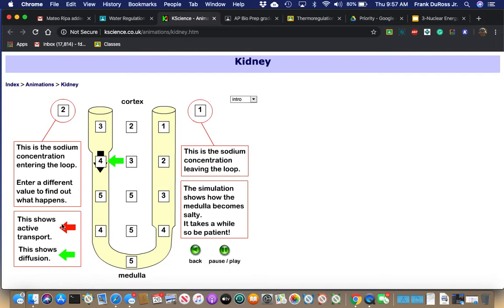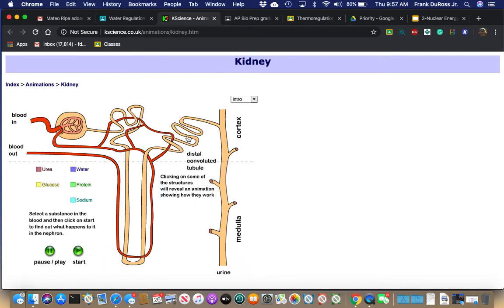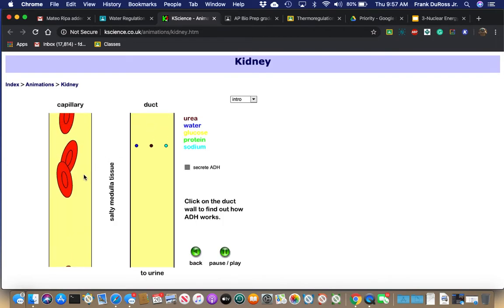What you see happening here is that the concentration of sodium inside this tissue of the medulla is becoming higher. And then we have this collecting duct, which shows the duct that's taking that urine.